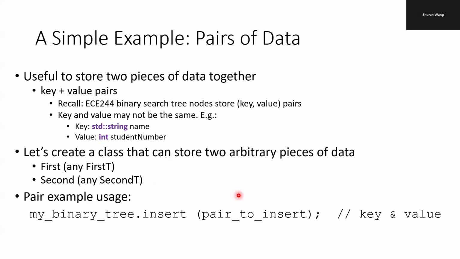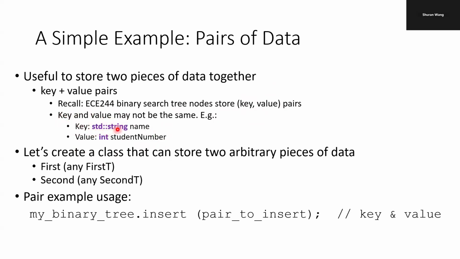In this tutorial, I'll be showing an example of pairs. So a pair is used to store two pieces of data together. We can have a key plus value pair that's used for binary search trees for sort, where you have a key to be sorted and the value being stored, or vice versa. The key and value pairs may not be the same type.